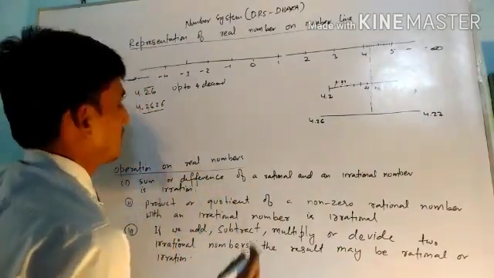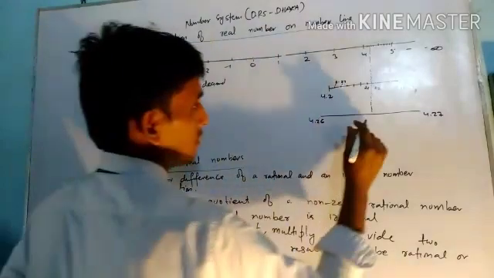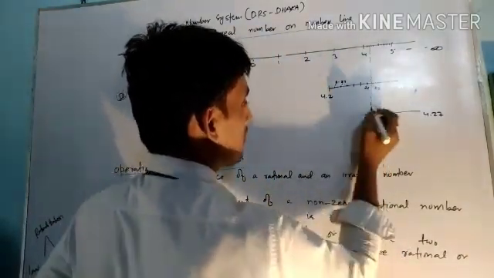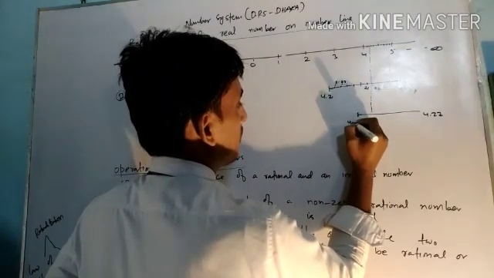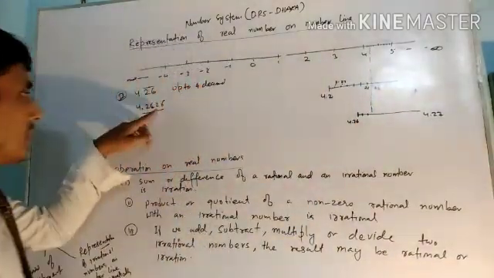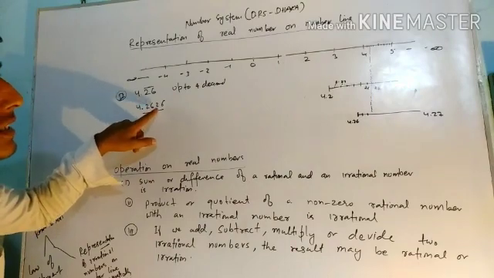But our number is what? 4.2626. After 4.262 there is 6. It means it is more than 4.262.